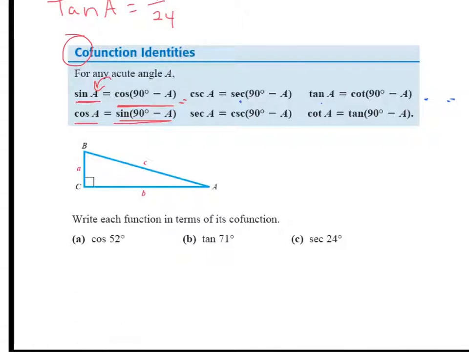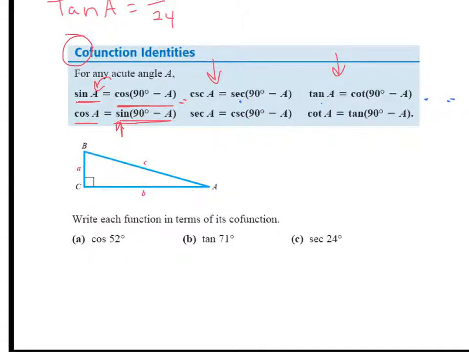So again, if you're looking for the cofunction of cosine of A, you're going to take A away from 90 degrees, and then you're going to find the sine of it. Don't forget, we're going to practice these. Again, this is cosecant and secant, and then you have tangent and cotangent.